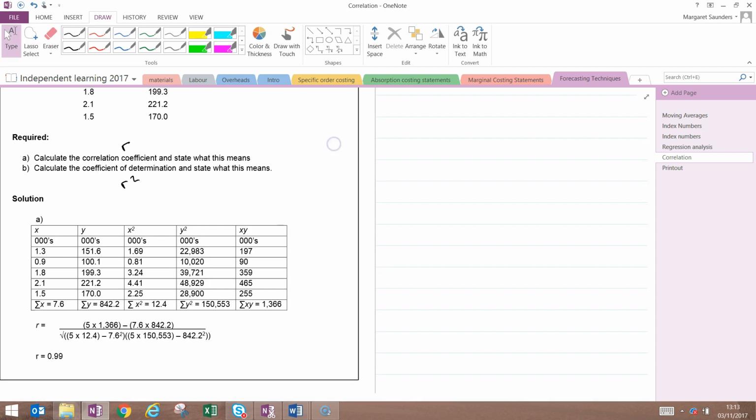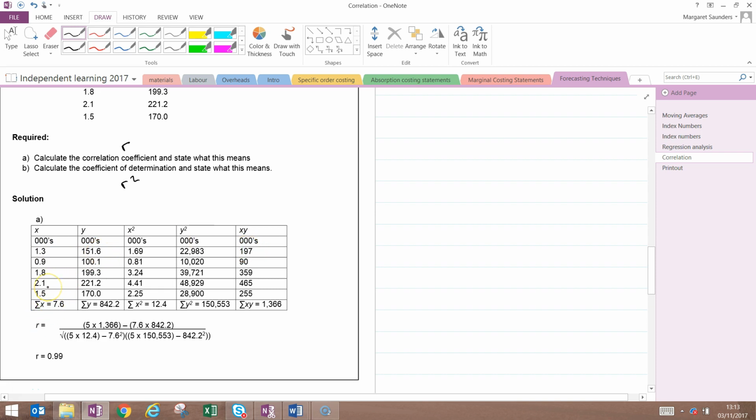Just a reminder, x squared is the x value squared, so 1.3 squared. y squared is the y value squared, so 151.6 squared, and then xy is the value of x times the value of y. So the first figure is 1.3 times 151.6 gives us xy.